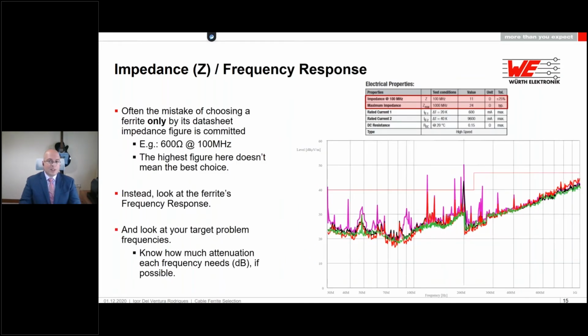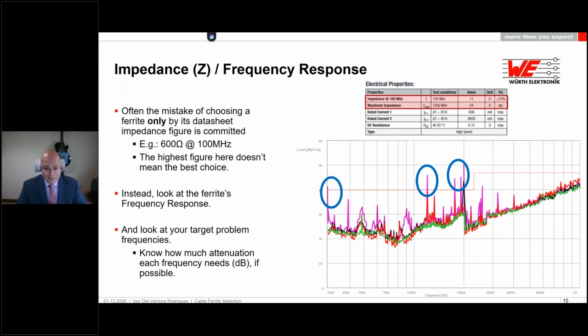With a frequency response, one thing that you always have to look for is actually analyzing the curve, not only the data sheet, which gives you 1 point only of this curve or 2 points of this curve, right? Because not always the ferrite that shows these parameters the highest will be the best for your case. Instead, always bear in mind what and where and how powerful are the peaks that you've got in your spectrum, because this is what you want to fight against, right?